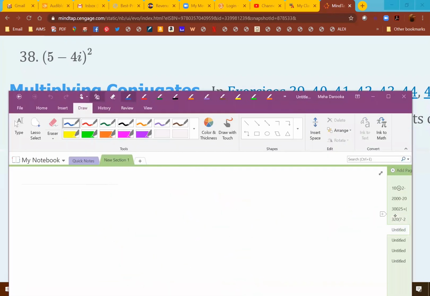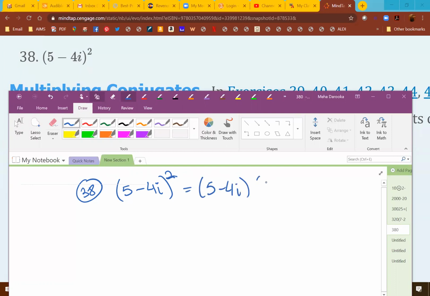Square. So when it says the whole quantity squared, what do we end up doing? Foiling. Yeah, very good. So basically the same idea, you can do FOIL.